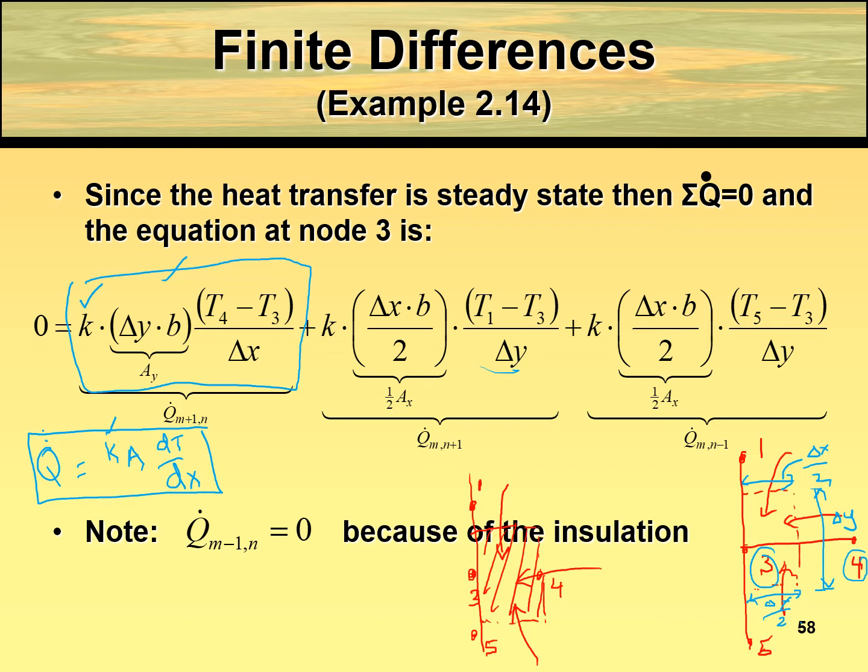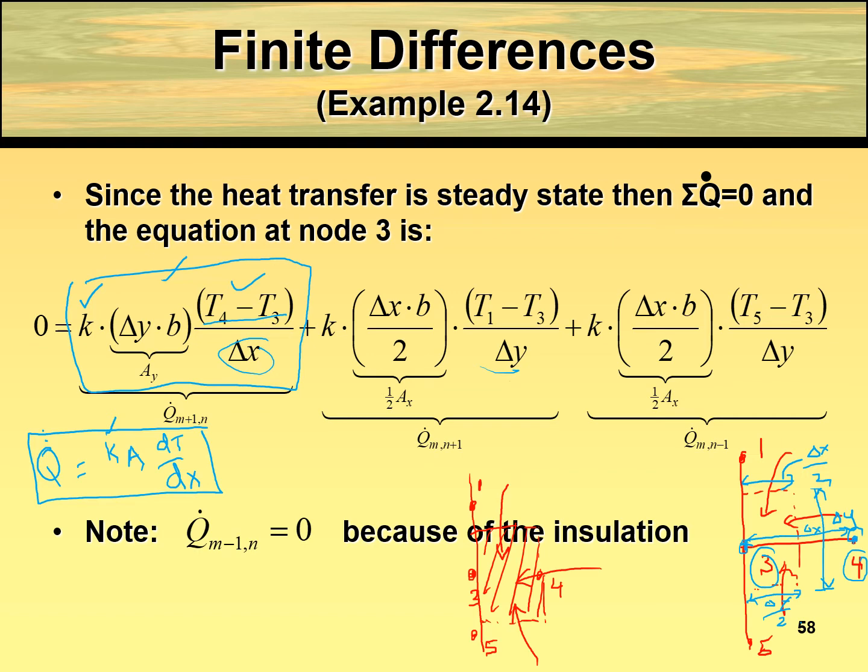Now what is the temperature difference? The temperature difference here is T4 minus T3, because the direction is hot to cold. And if you see what is the length that is traveling, from this point to this point, this is half, delta x over 2, so this entire length will be delta x. That's why you get delta x here.